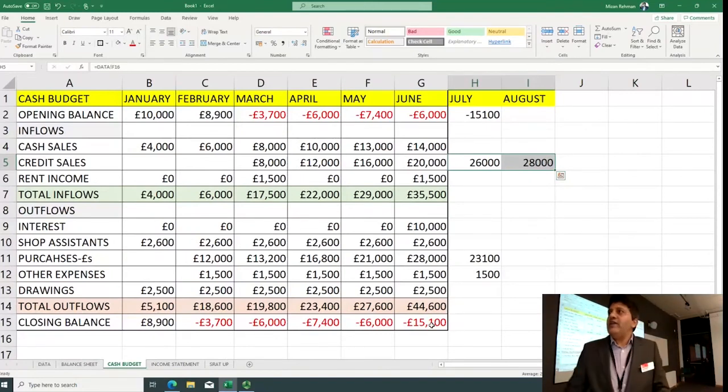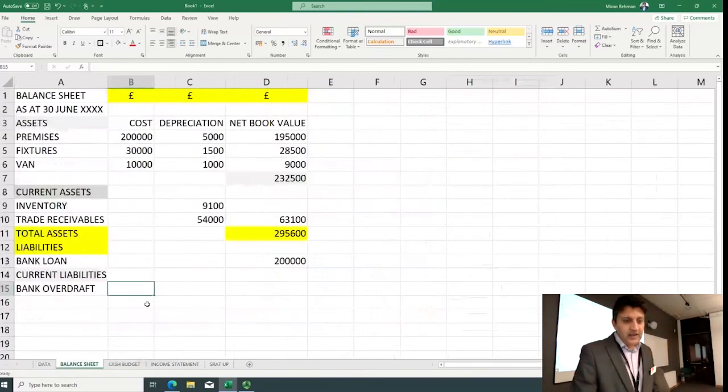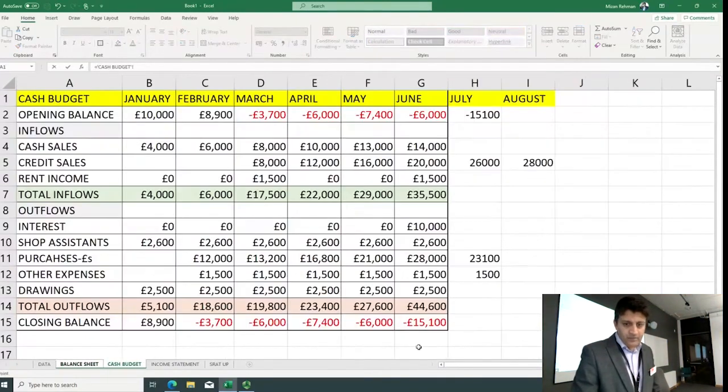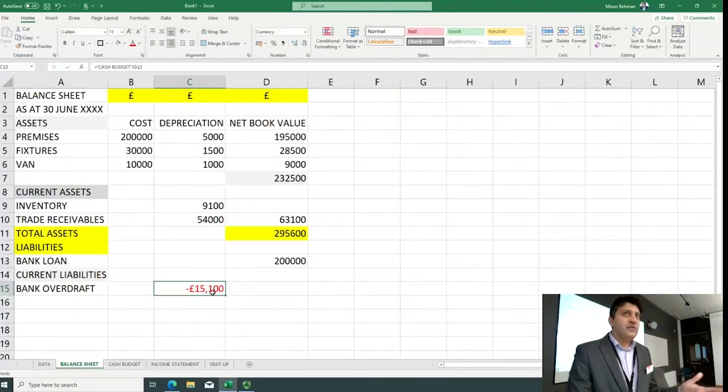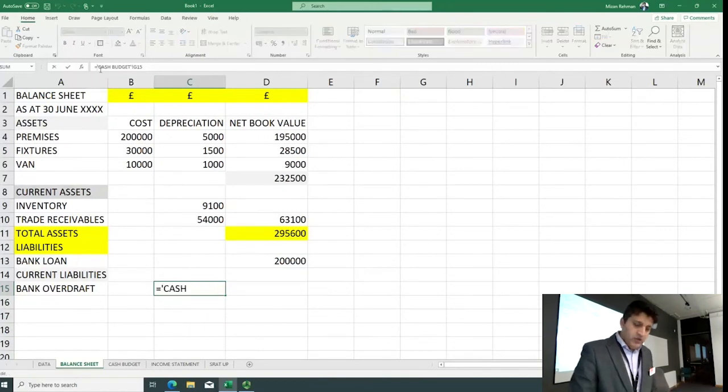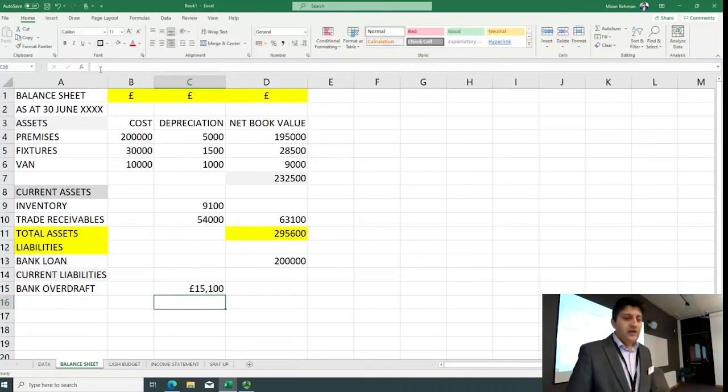Okay. You can't really have a negative cash in your pocket. Yeah. You can have an overdraft, so it will go as a liability. Shouldn't be negative though, okay? Because liability is a liability. So what we do, we put a negative sign and we convert it into a positive.